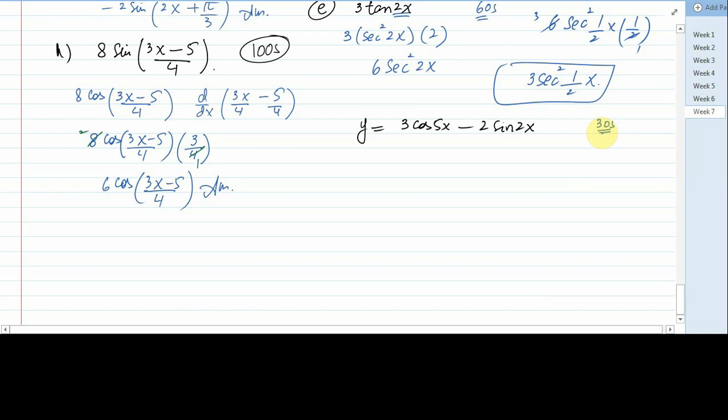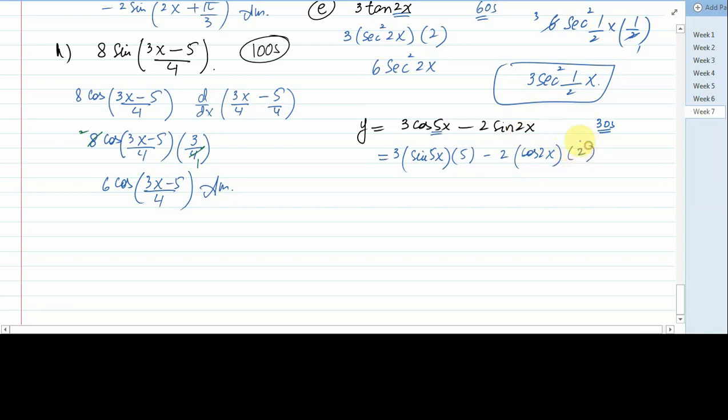Alright, so firstly, if I differentiate cos, we know that the derivative of cos is sine 5x, but now we need to find the derivative of the angle as well. So the derivative of the angle is 5. Similarly, the derivative of sine 2x will be cos 2x, and the derivative of 2x will be 2.